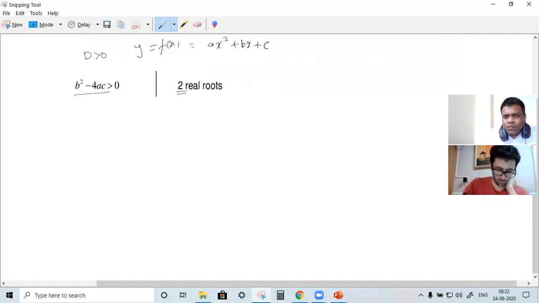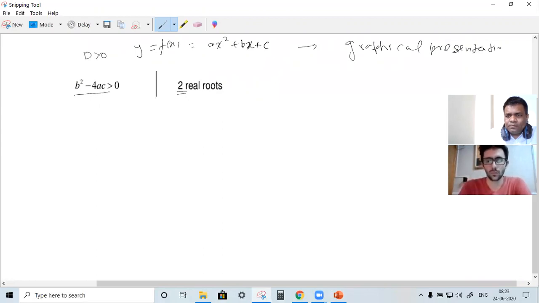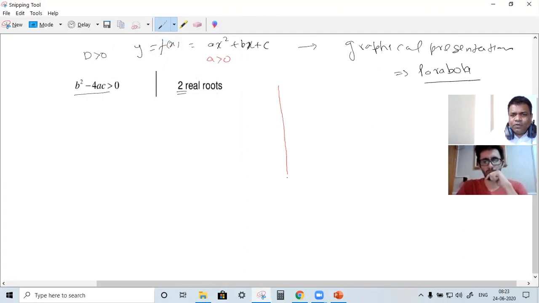If you try to plot the graph of this, you'll be getting the parabola. What is the graphical presentation of this one? Parabola. Do you have any idea about parabola? Yes. So graphical presentation of this is the parabola, and if a is positive, the parabola will go up.